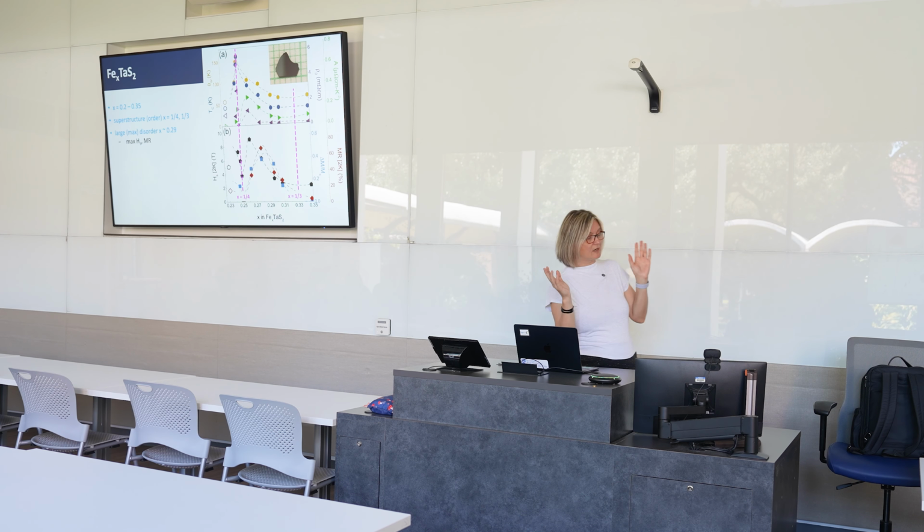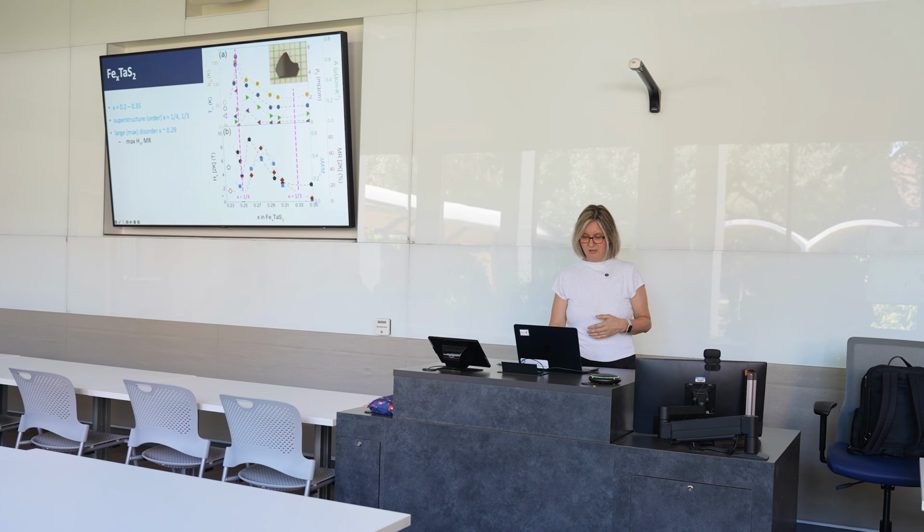All right, so this is a summary of the various properties of the materials I just showed you, iron tantalum disulfide as a function of composition, where we have the ordering temperature, the switching field, that sharp switching field, the magnetoresistance, etc. So if nothing else, what you can take from this is the fact that there seems like there's a singularity in all of these properties at the superstructure, and there's supposed to be another superstructure at the 1/3 composition.